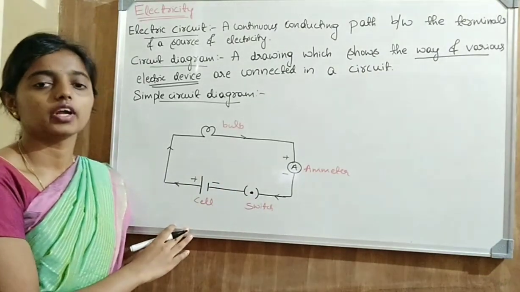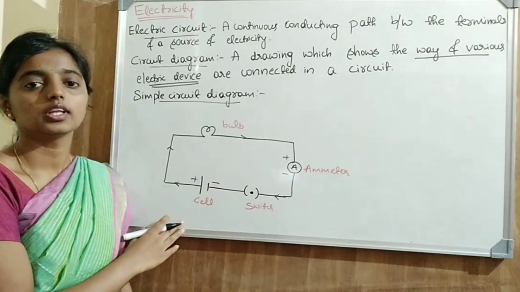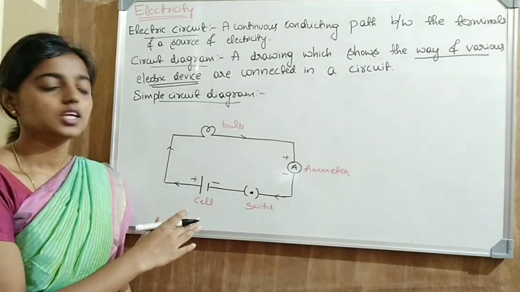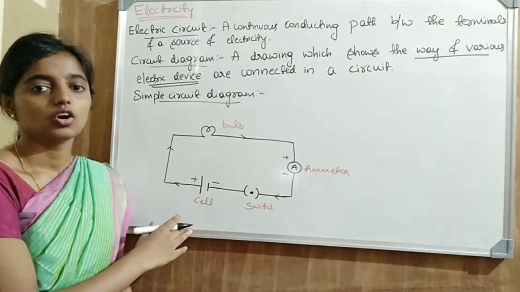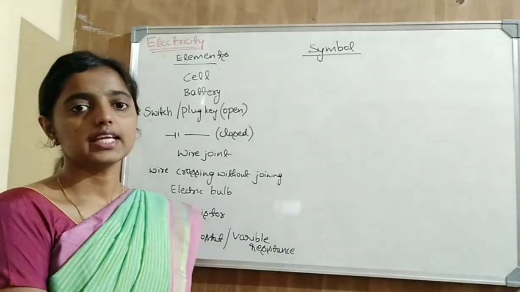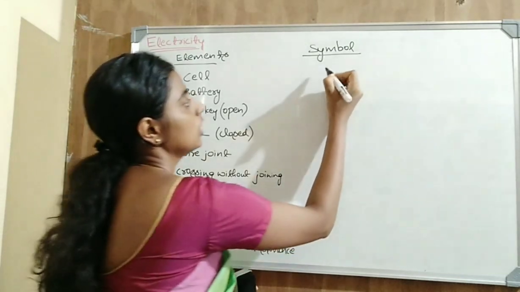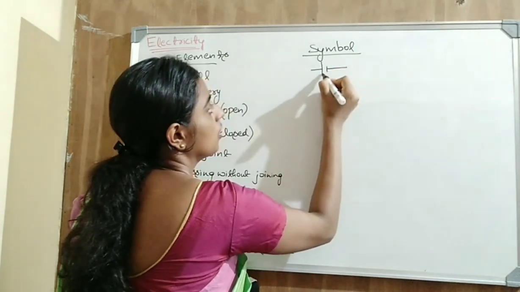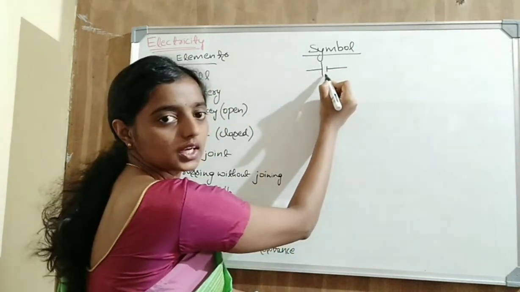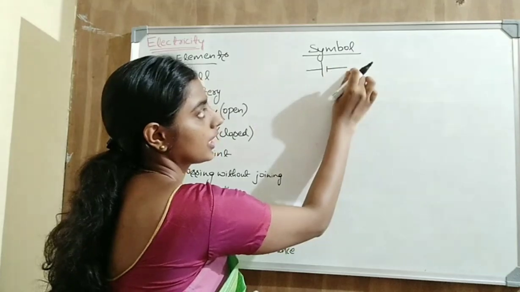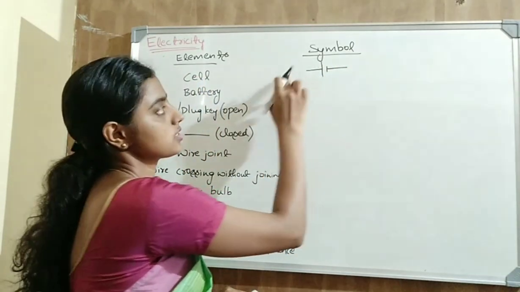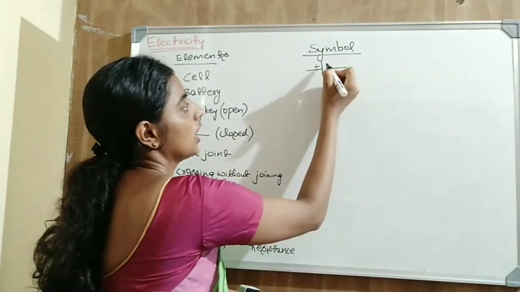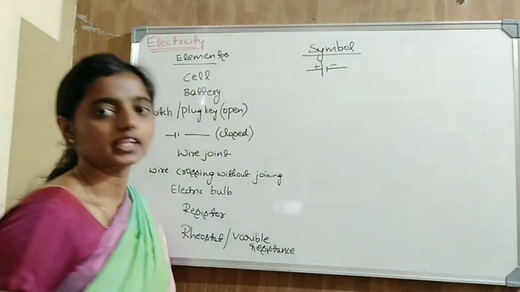In this circuit diagram, we have various devices. In a similar way, we have a few more commonly used elements in a circuit diagram. Let us see how they look and what they are called. One is cell. Observe, we have one bigger line and one smaller line which are connected to conducting wires. The bigger line always indicates the positive terminal and the smaller line indicates the negative terminal.